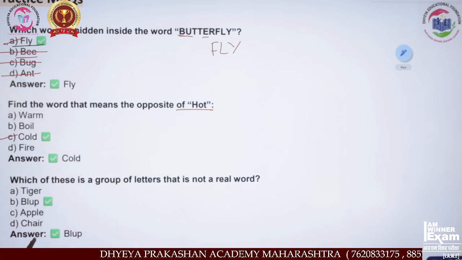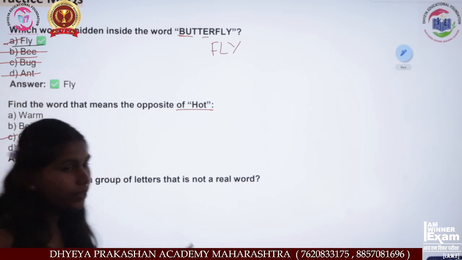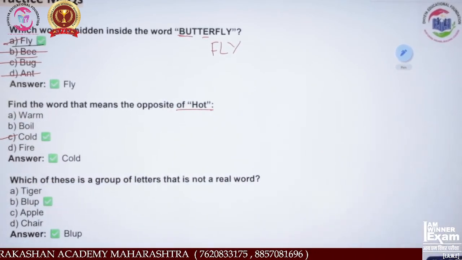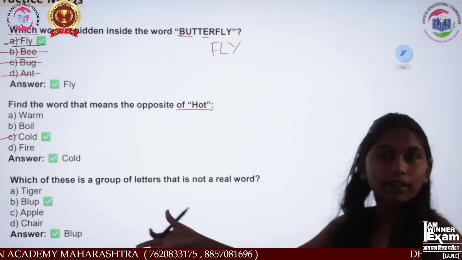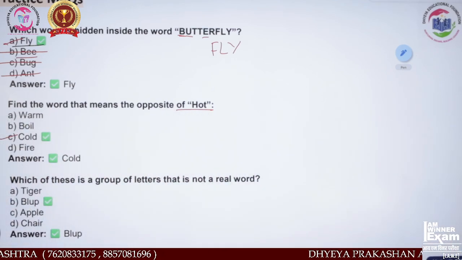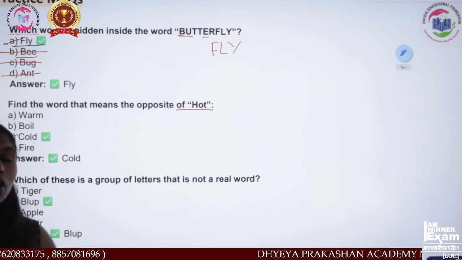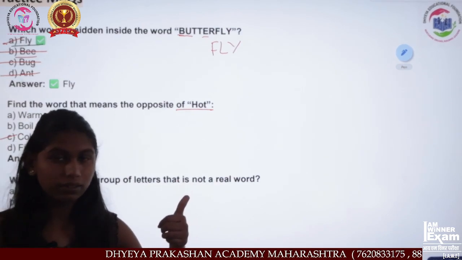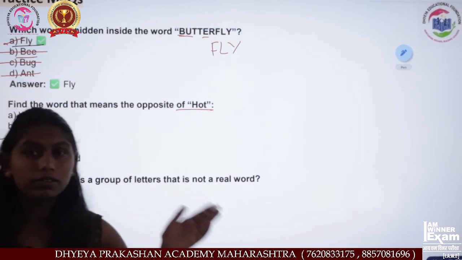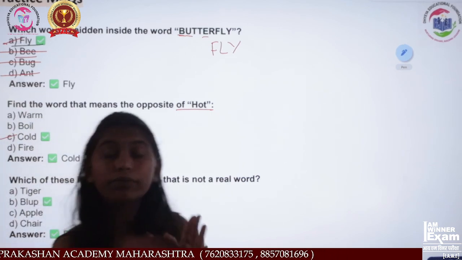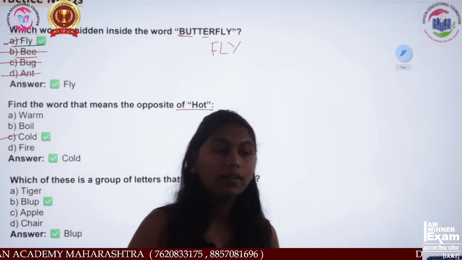Then, which of these is a group of letters that is not a real word? Is tiger a real word? Yes, tiger is there. Then bulb is not a real word. Apple is a thing which is in the real world, and chair is also a thing in the real world.